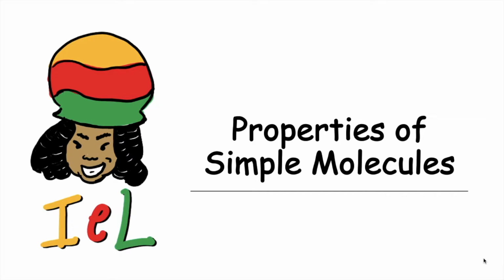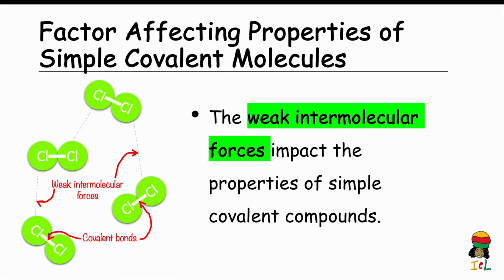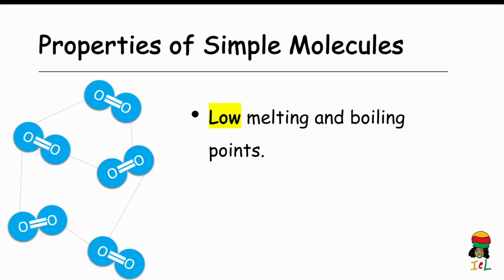Next, we will describe the properties of simple molecules. Note that the main factor affecting the properties of simple covalent molecules is their weak intermolecular forces. Simple covalent molecules have very low melting and boiling points. The illustration on the left of the screen shows liquid oxygen in which the individual oxygen molecules are held together by weak intermolecular forces as shown by the blue dotted lines.